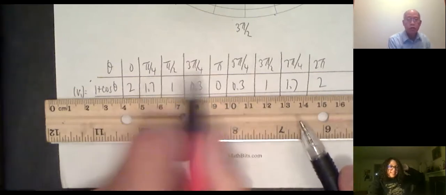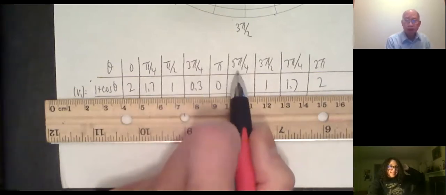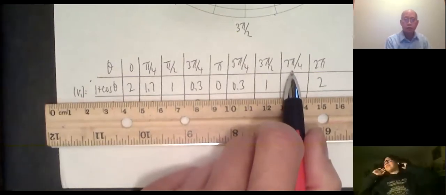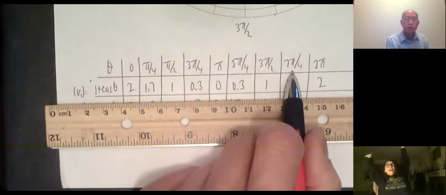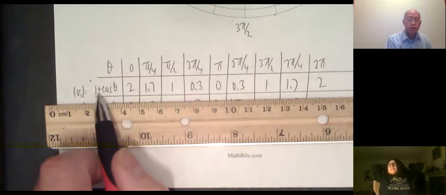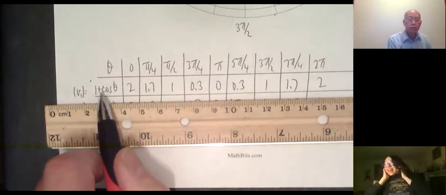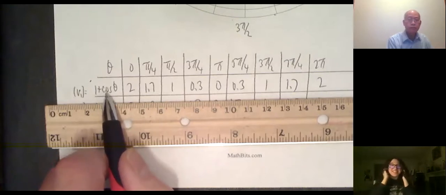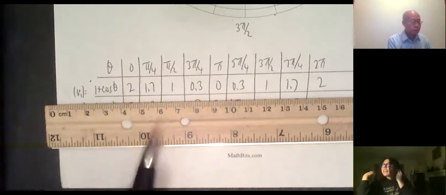And then pi over 4, 3 pi over 4, 5 pi over 4, 7 pi over 4, all have something to do with radical 2 over 2, which is 0.7. So it's either going to be plus 0.7 or minus 0.7. 1 plus 0.7 is 1.7. 1 minus 0.7 is 0.3.